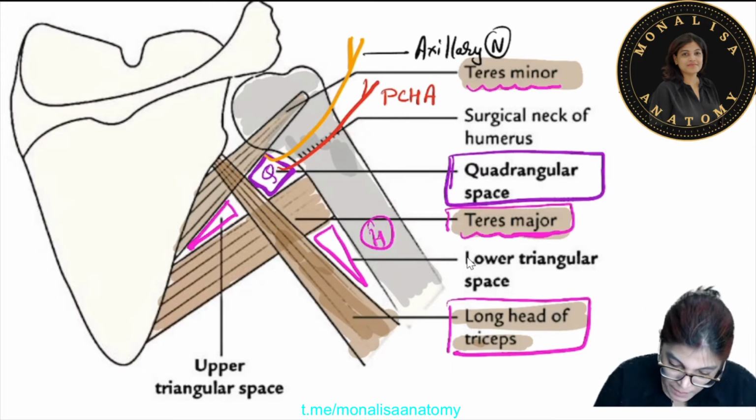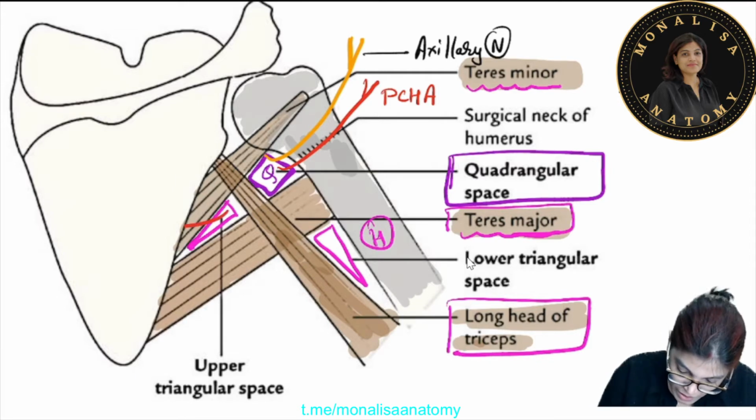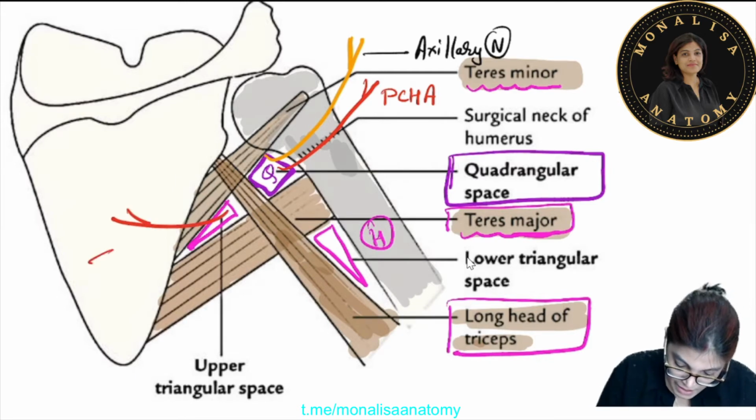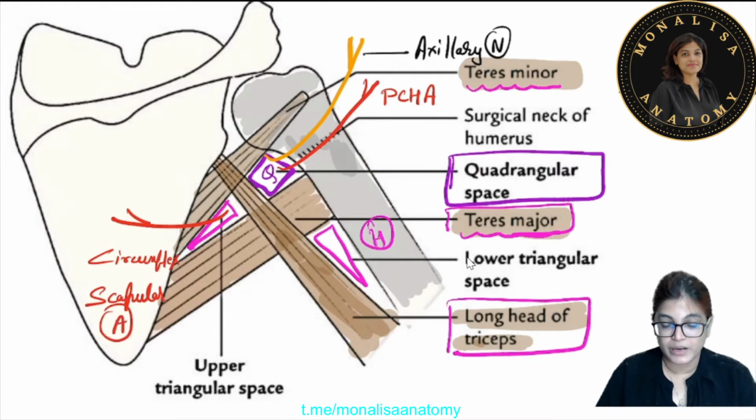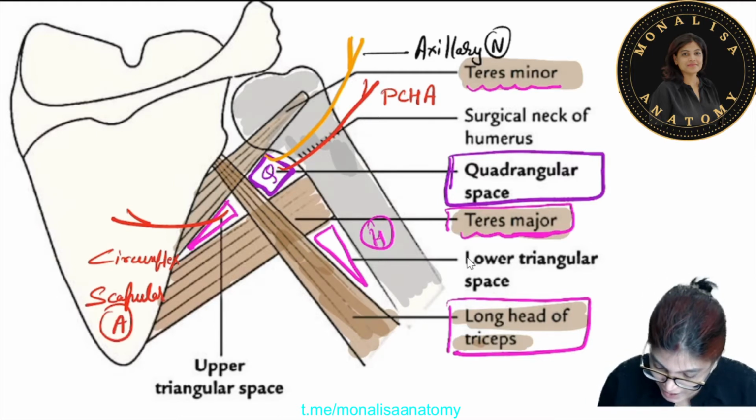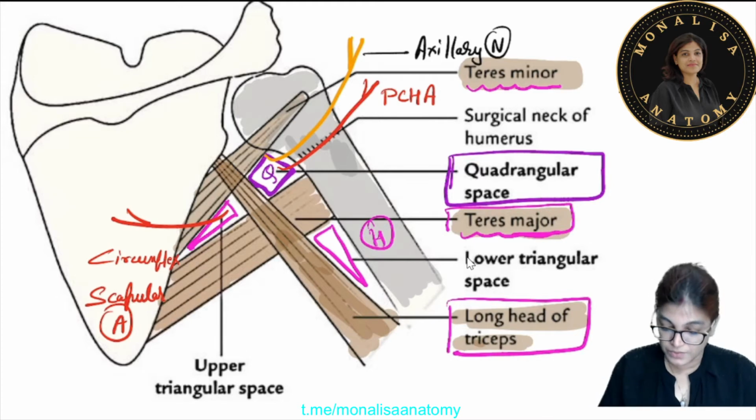When we talk about the upper triangular space, only one structure passes through it, and that is the circumflex scapular artery. Through the lower triangular space, we have one artery and one nerve.